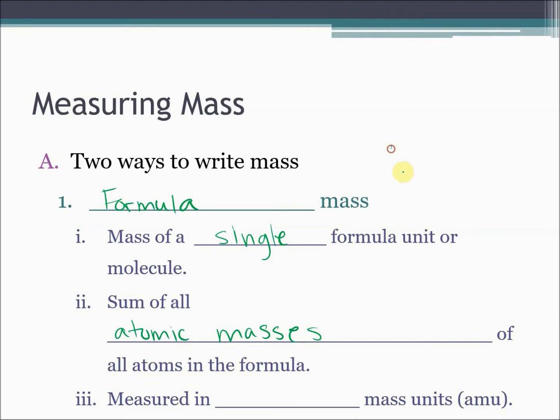For example, for water, we would add the atomic mass of one hydrogen plus the atomic mass of a second hydrogen plus the atomic mass of an oxygen atom, and that would give us the formula mass of water. And this would be measured in atomic mass units, AMU. Remember, when we're talking about the scale of atoms, we use atomic mass units. The formula mass of water is the mass of 3 atoms, and that's it. So that's why we measure it in AMU.